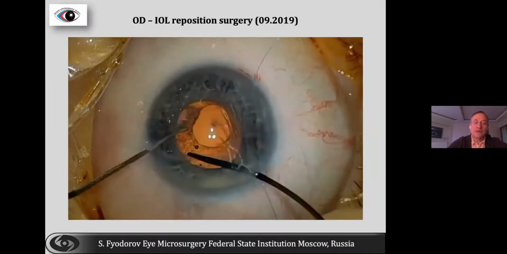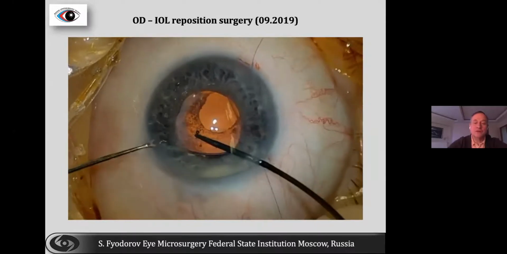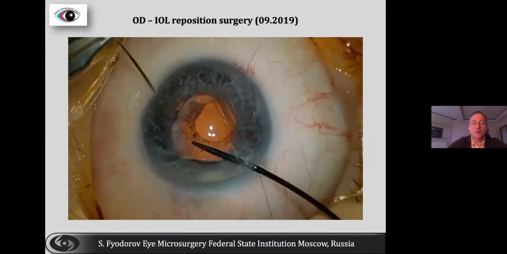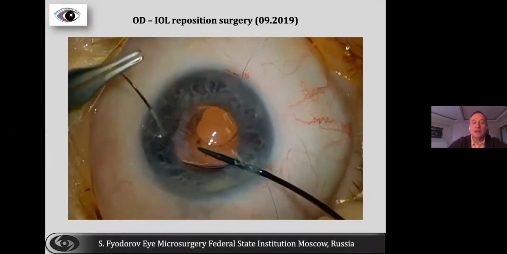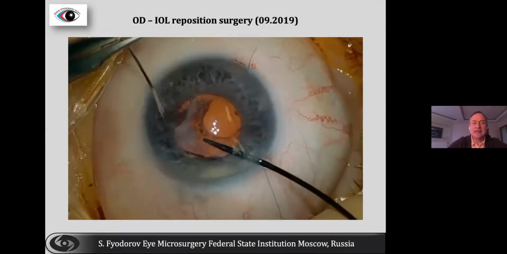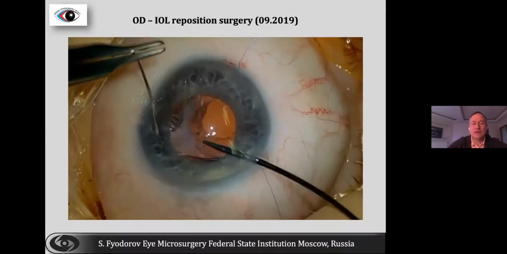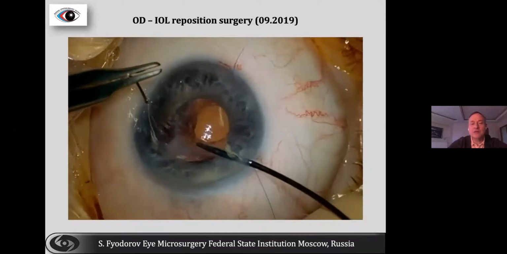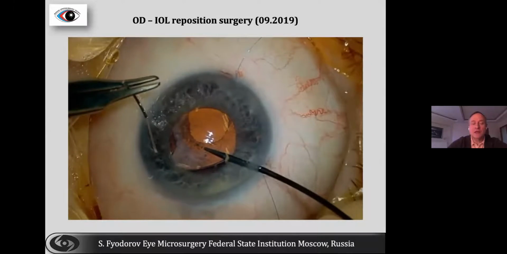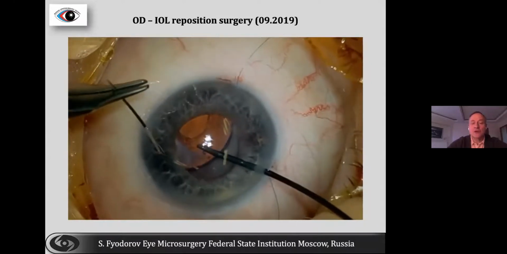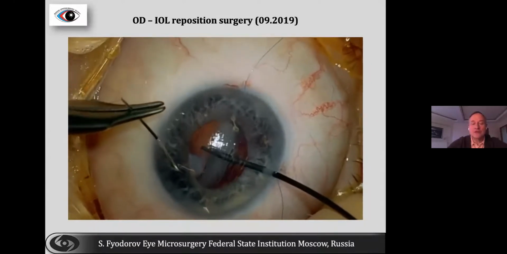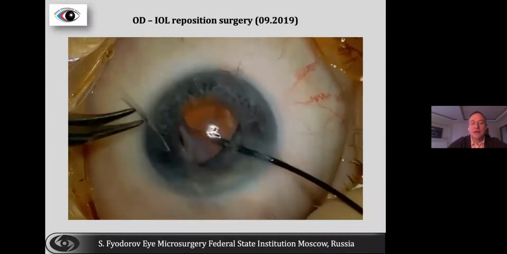And more or less the same maneuver needs to be done with the opposite optical element. We need to stabilize the lens. We need to expose the area of the optics, because sometimes the pupil is not perfectly dilated, so you have issues in visualizing this area.